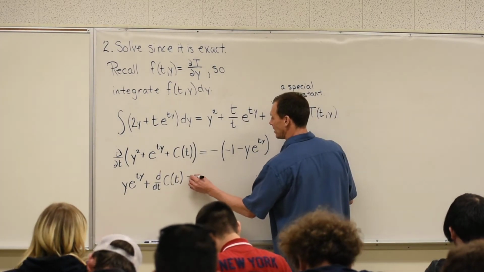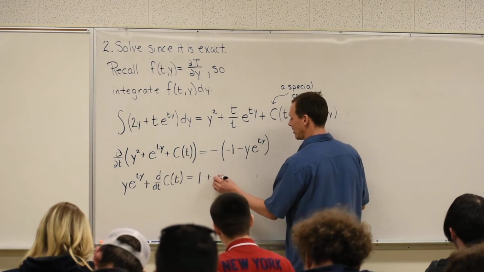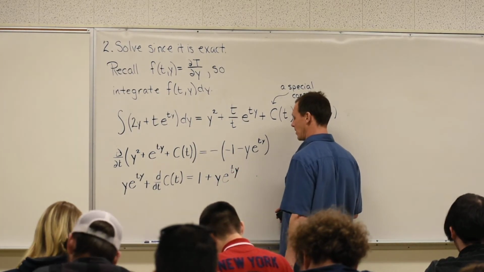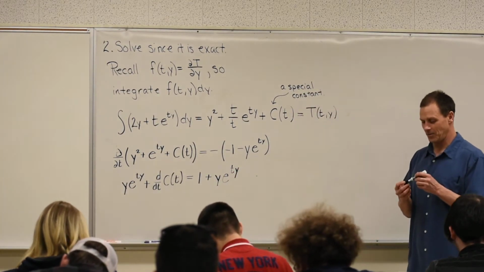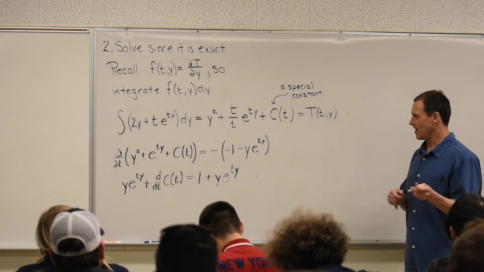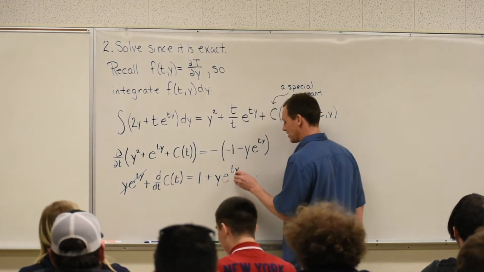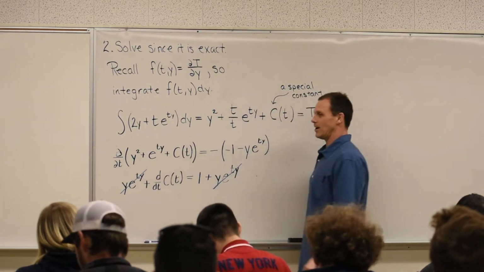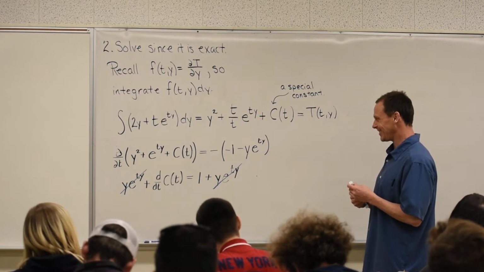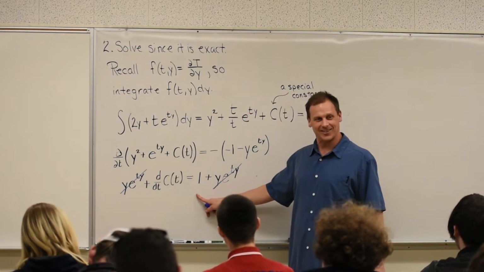This has to somehow equal 1 plus y e ty. I know many of you have been trained not to do this. I don't care. I'm going to do it now. Just cross the y's. Oh, because this, we are so close. The derivative, how would we solve this?